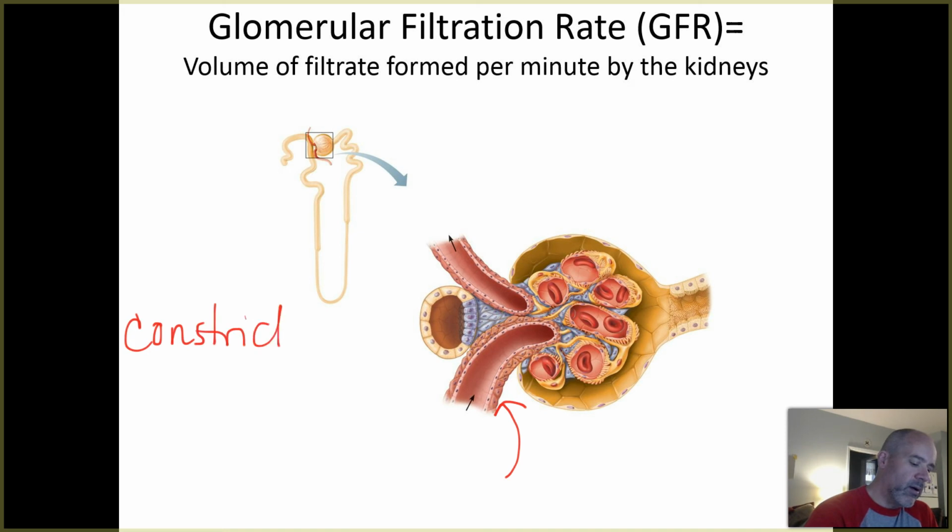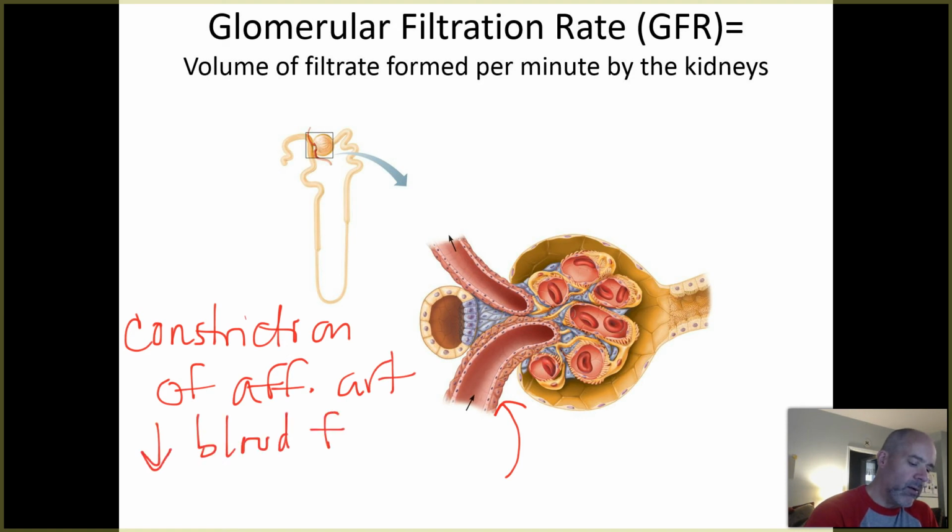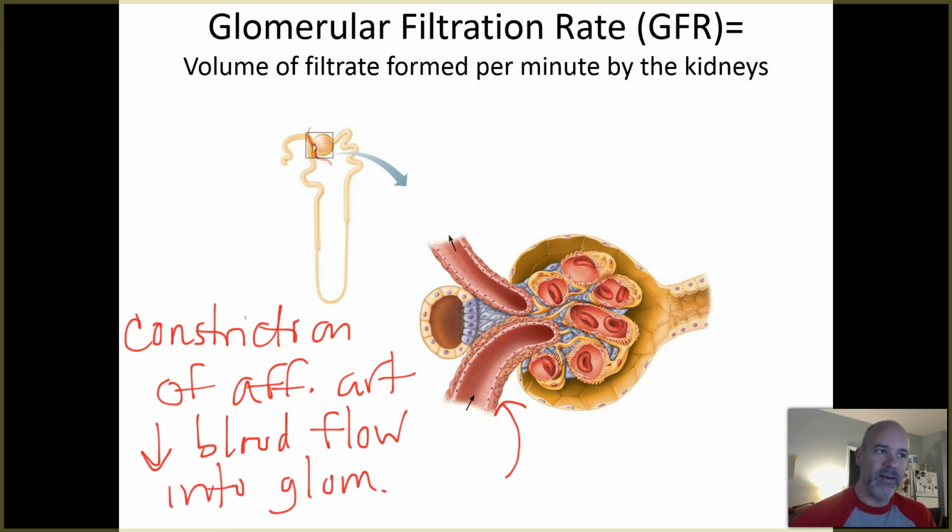Constriction of the afferent arteriole is going to reduce blood flow into the glomerulus. That makes sense, hopefully. If you pinch that afferent arteriole, less blood's going to make it over in here, and then that is going to reduce your glomerular filtration rate.